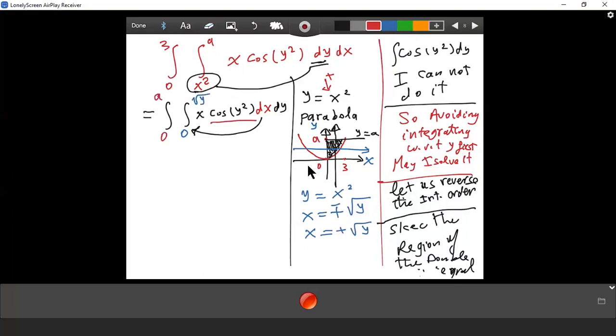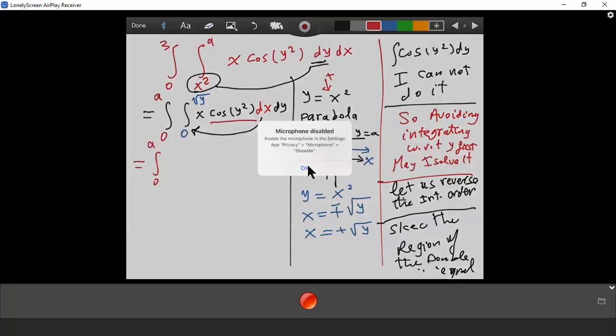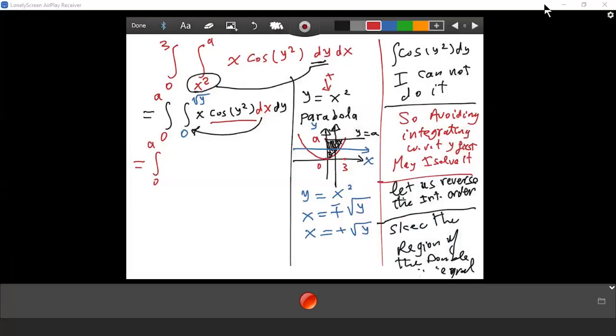So this one will be integrating y from 0 to a. Now I have no problem, as I said, with the cosine y squared because I will take it outside here.